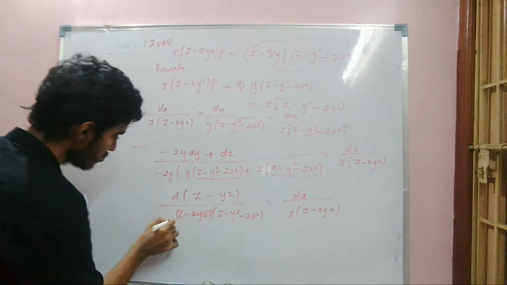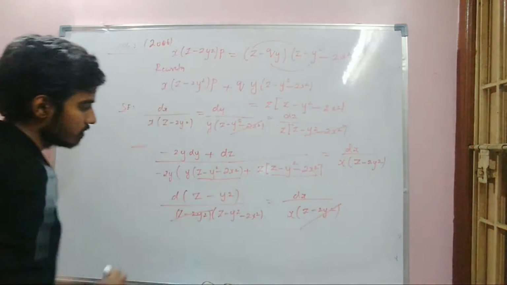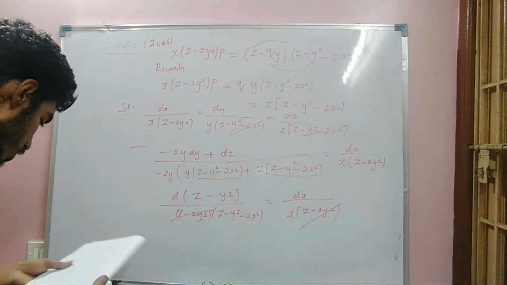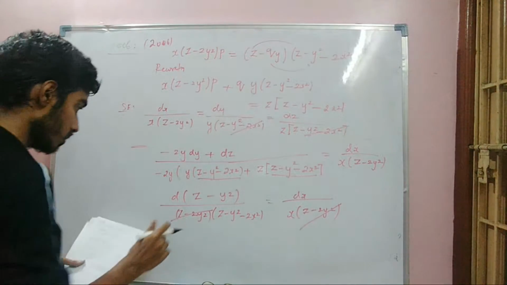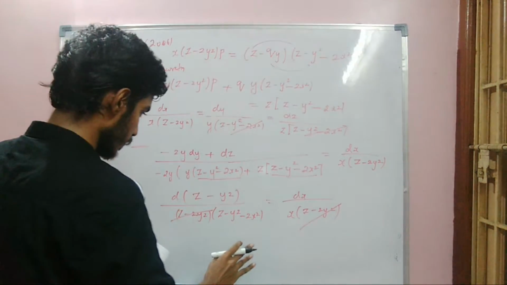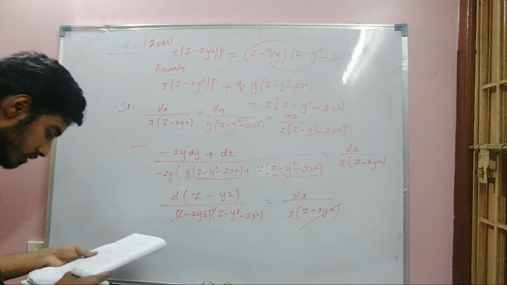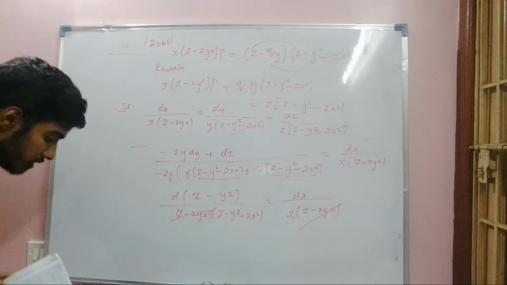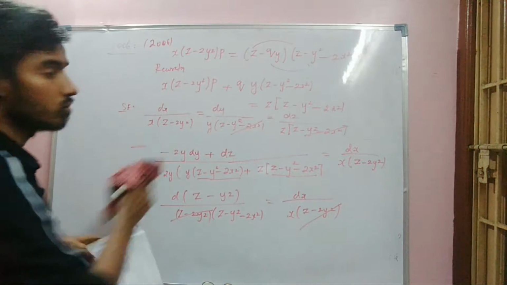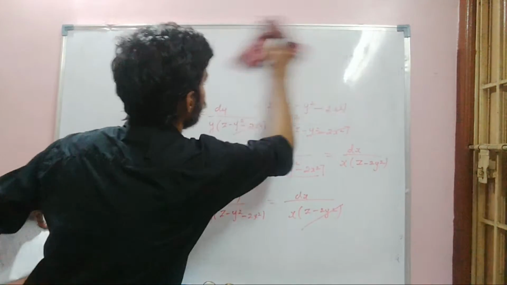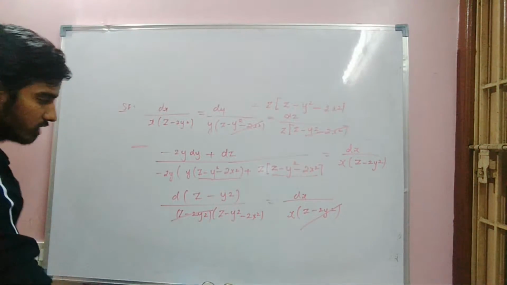So z minus 2y square, z minus 2y square will get cancelled. What we have left is d of z minus y square. When I cross multiply this, I can write this term to be equal to, it's a very important problem, right. You just have to follow only this method because there is no other method.